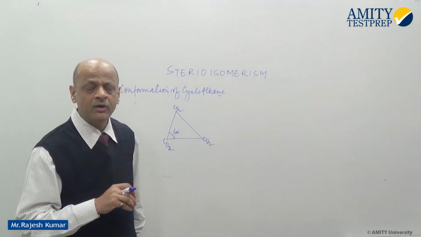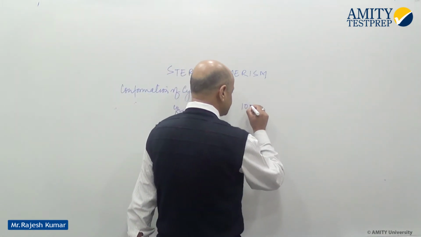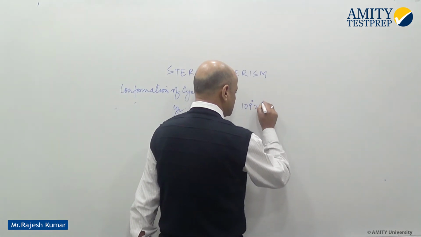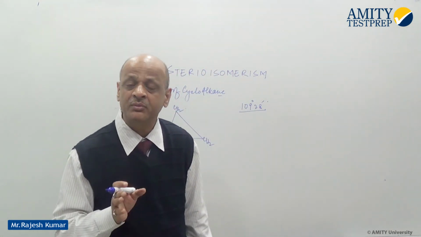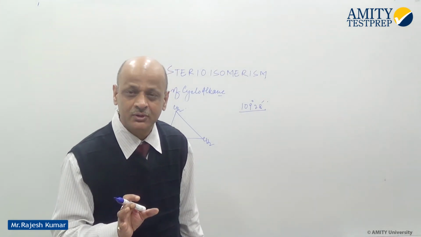The expected bond angle was 109 degrees, but its bond angle is 60 degrees, much less than the expected one. That's why this molecule is said to be least stable.